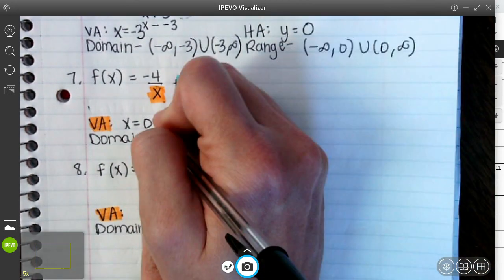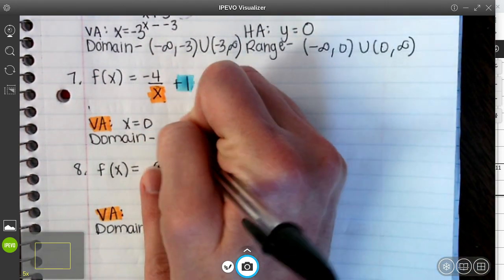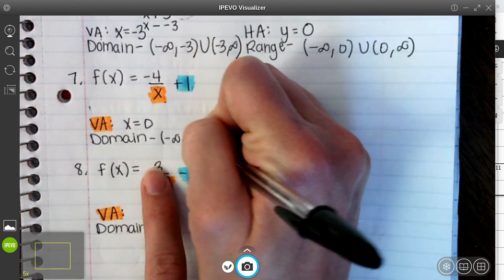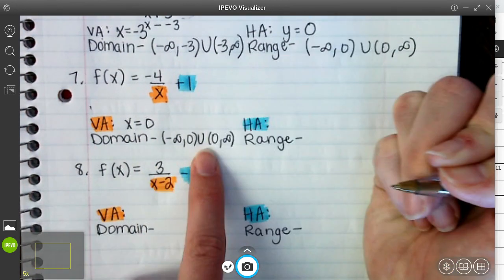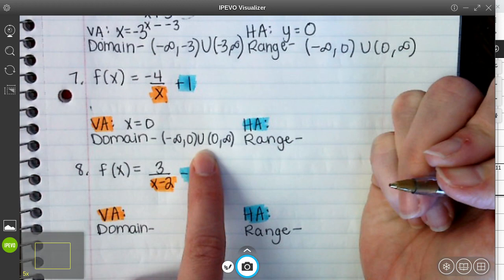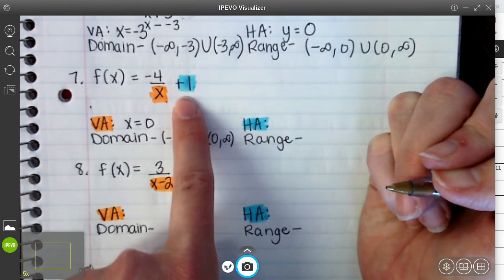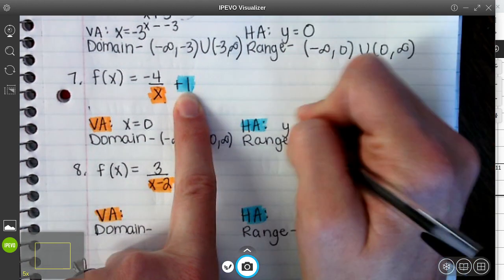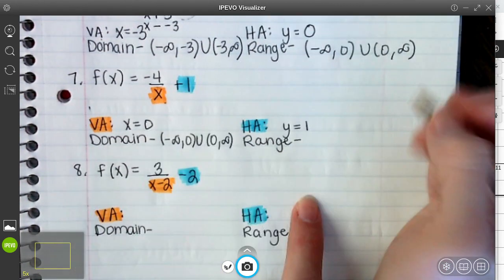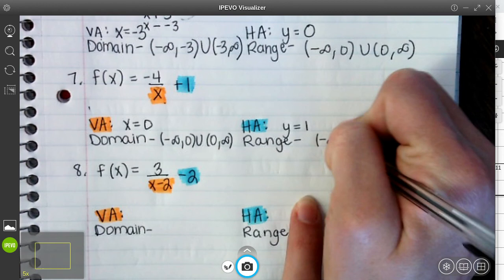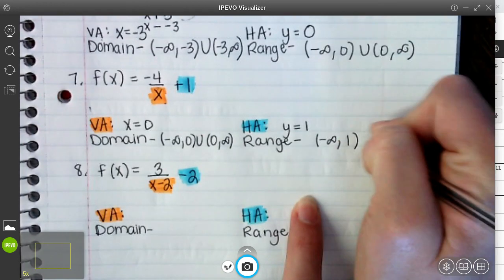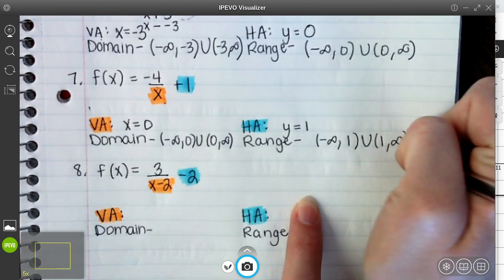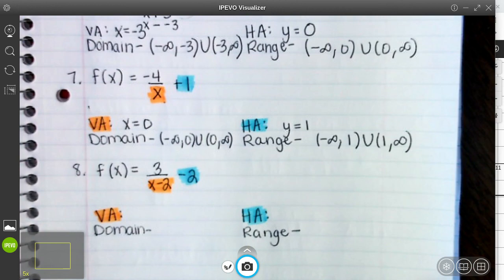So then that makes our domain negative infinity to 0, 0 to positive infinity. The horizontal asymptote is just this number, whether it's positive or negative, it's y equals that number. So y equals 1. And then we have negative infinity to 1, 1 to positive infinity. Any questions on that one?